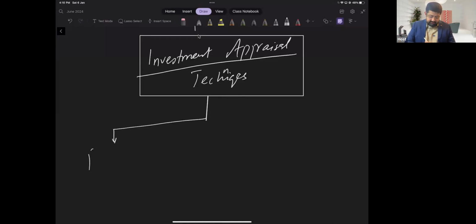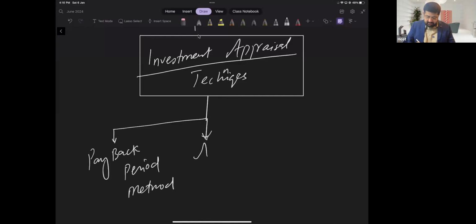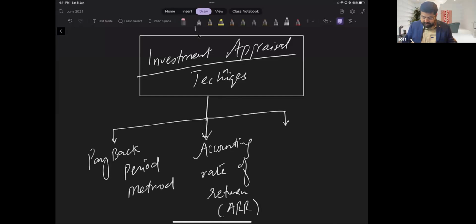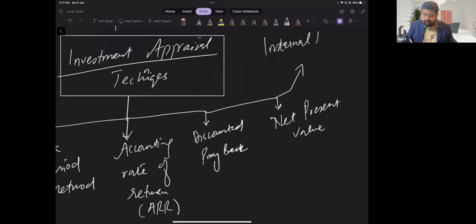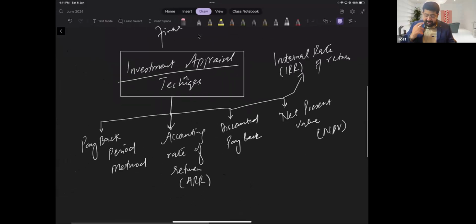One is the payback period method, then accounting rate of return, ARR, then discounted payback, then net present value, NPV, and the last one is internal rate of return, IRR. These 5 methods are part of your syllabus.